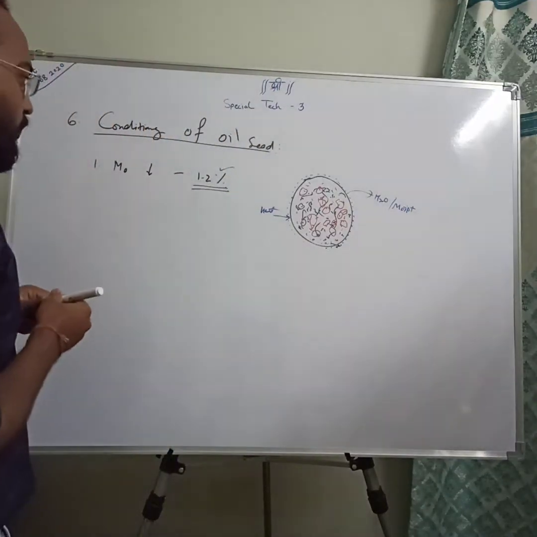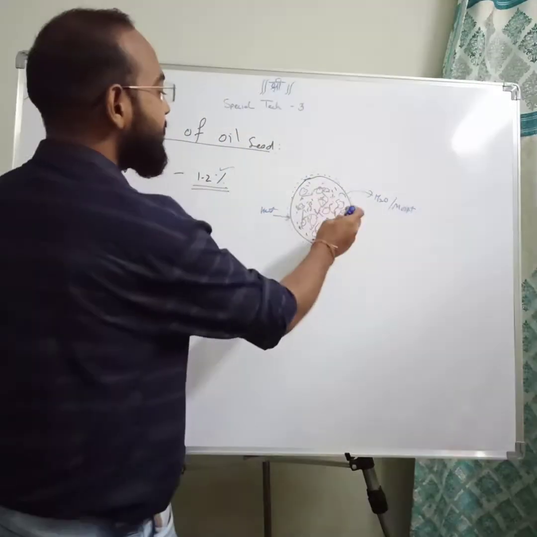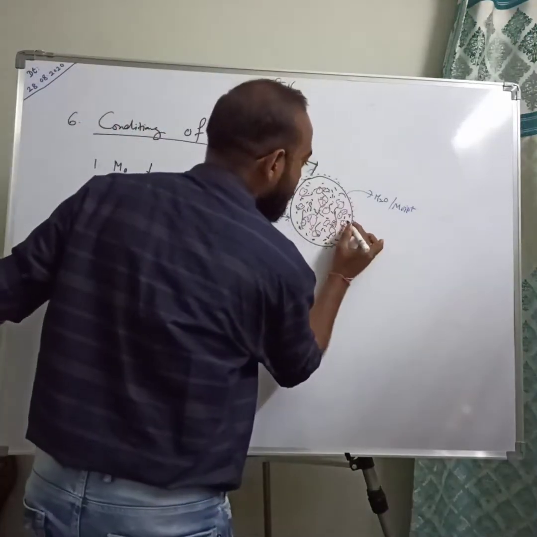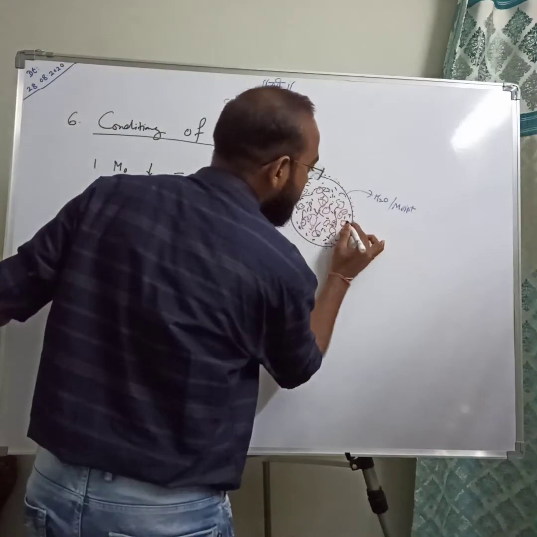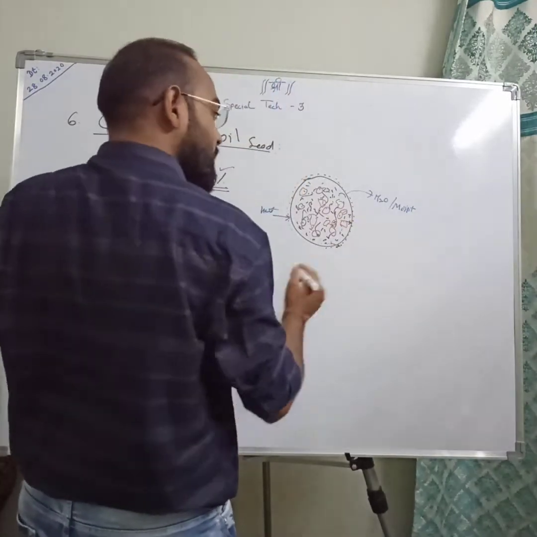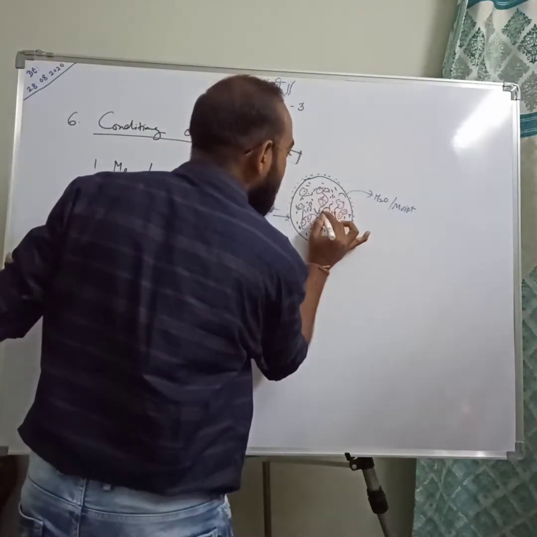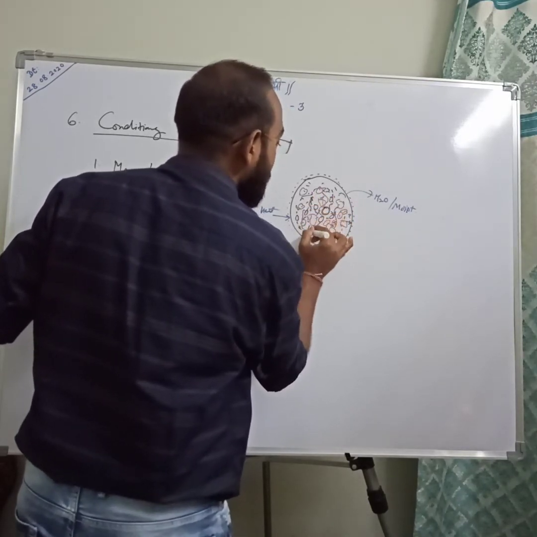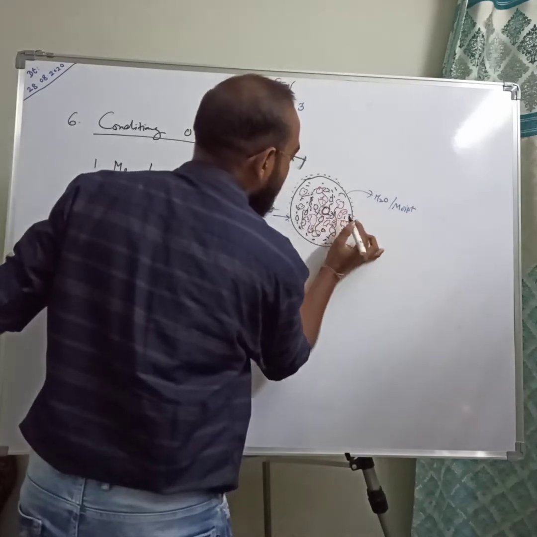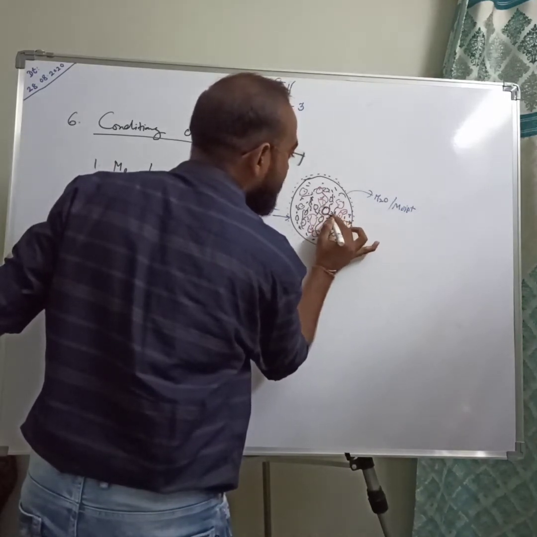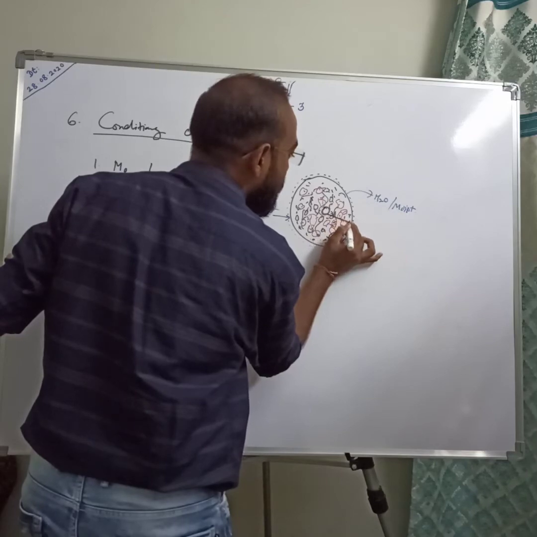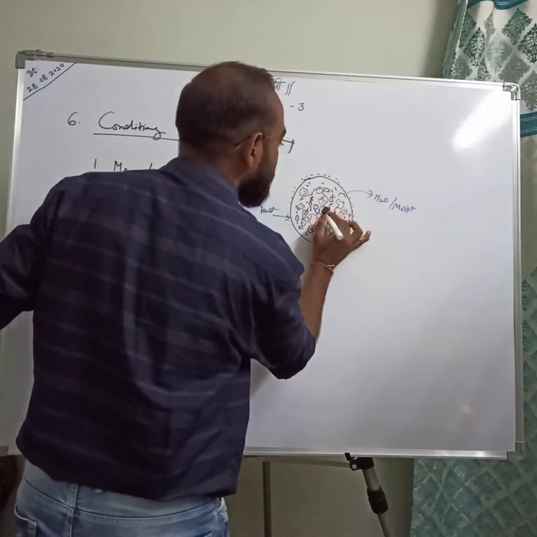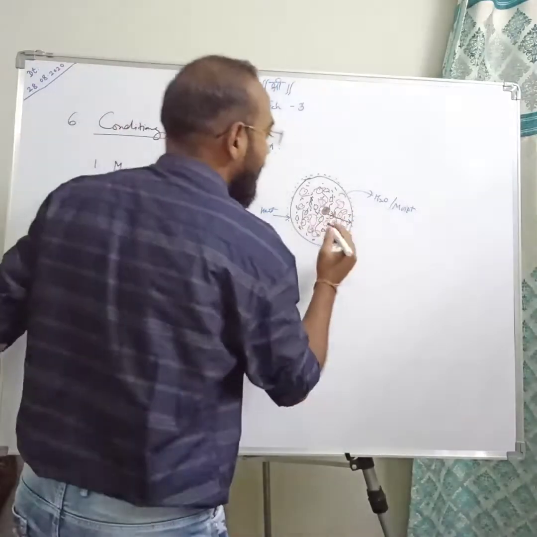So due to this, what happens? When these types of seeds are sent for extraction, the oil starts coming. Initially oil cells are broken. Oil starts coming from the center towards the boundary of the seed. Actually, there are a number of different oil cells at different positions inside the seed. So we just assume oil starts flowing towards the outside of the seed from the center.